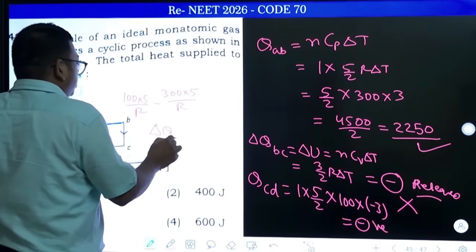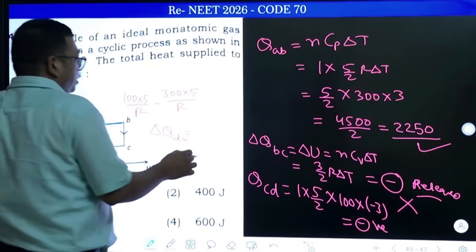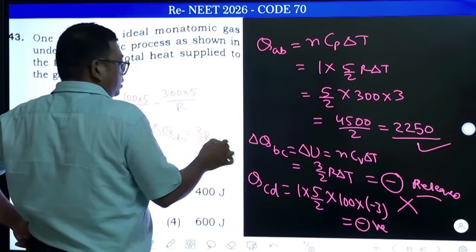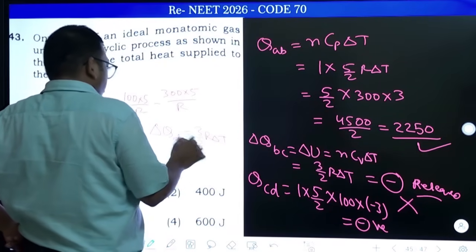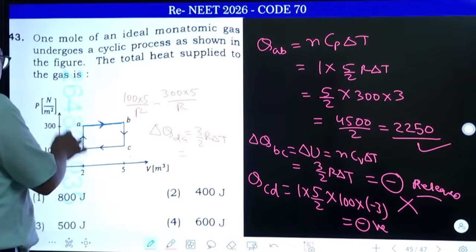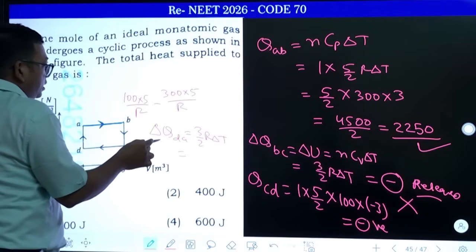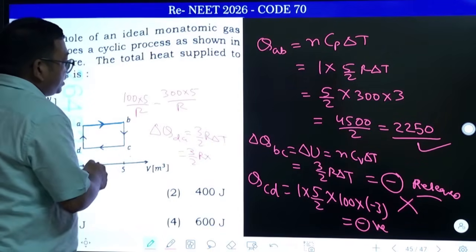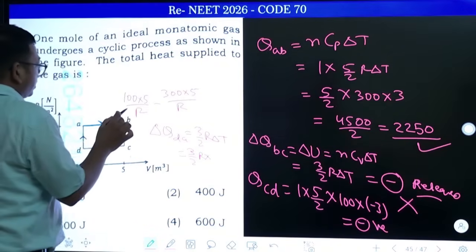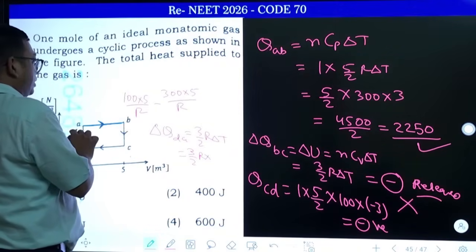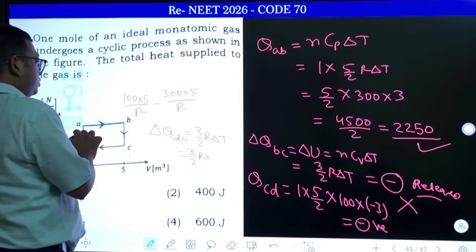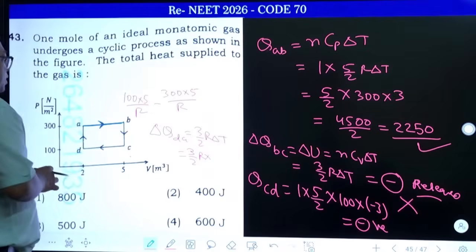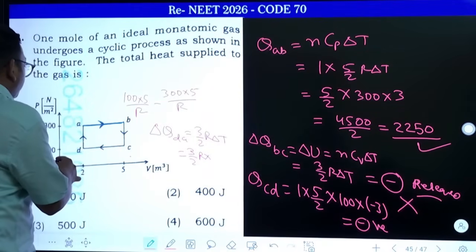D to A, delta Q for D to A. In the same manner, Cv delta T, 3 by 2 R delta T. Now when you calculate this, again you will be calculating this way only. How will you calculate delta T? So 3 by 2 R will be there, or divided by R you will do. You will calculate delta T like this. Final will be 300 into 5 by R minus 100 into 5 by R. Correct? Because you have to take pressure into volume.